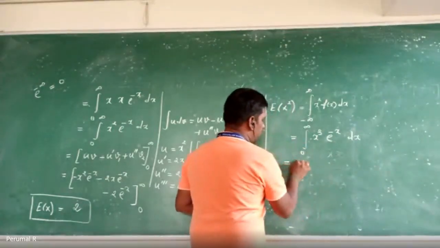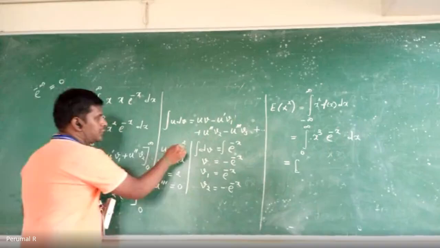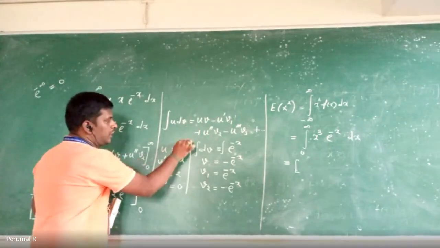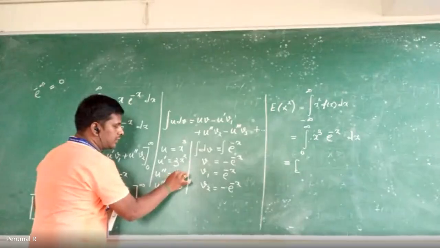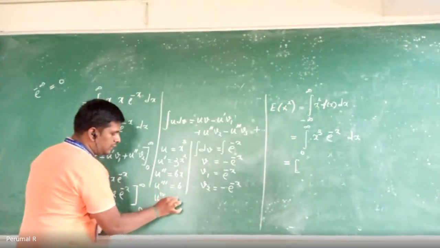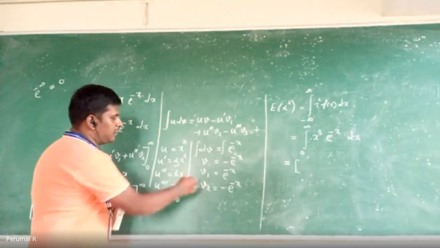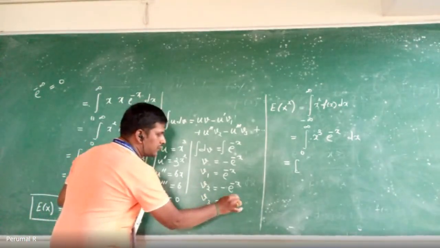So here also you can follow the Euler procedure. What is u? u equal to x cube, you get 3x square, then 6x, then 6, then u4 equal to 0. Here v1 up to v3, you get e power minus x.